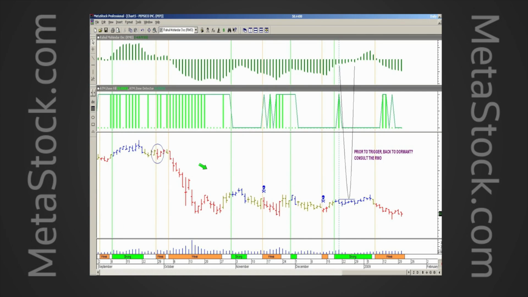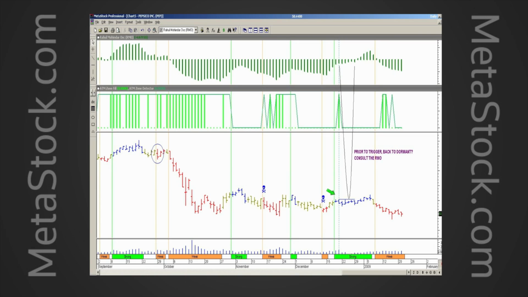Let's look at a situation where you probably want to pull out. You've got a buy setup over here. You can see the highs are not getting taken out. RMO is negative. Zone detector dropped to 0. It's become dormant. Pull out the buy order. You haven't even been fired on on the buy side, so you've really not bought.